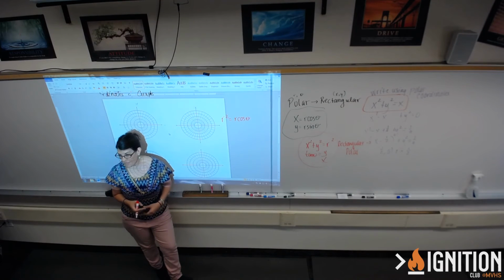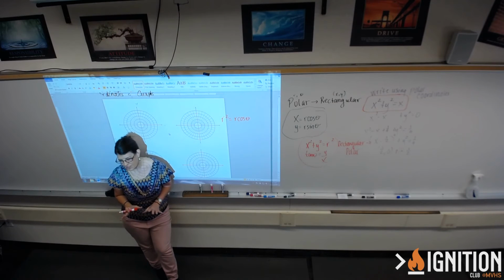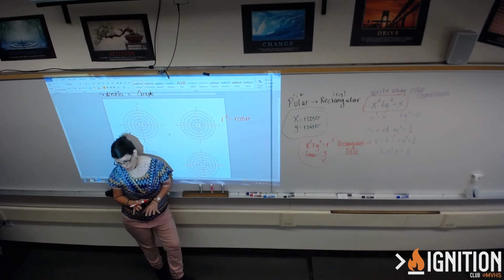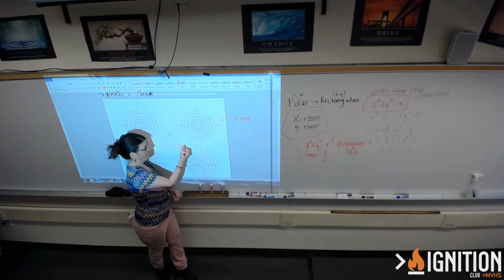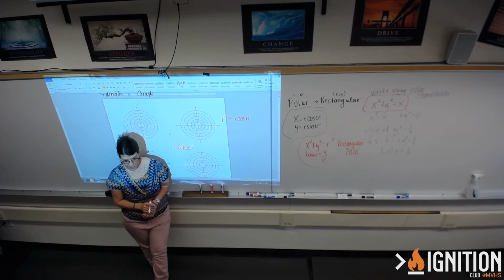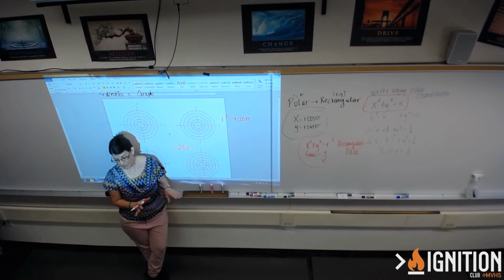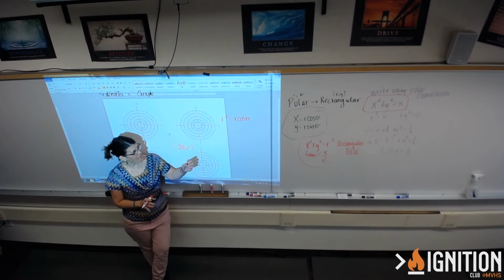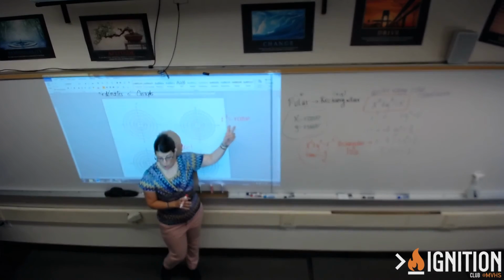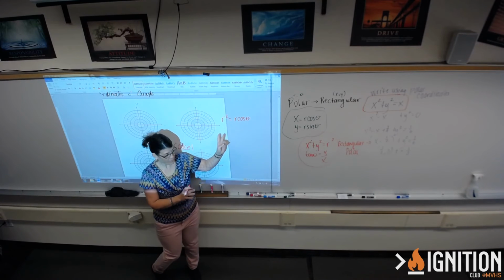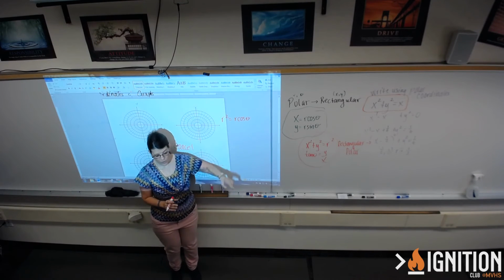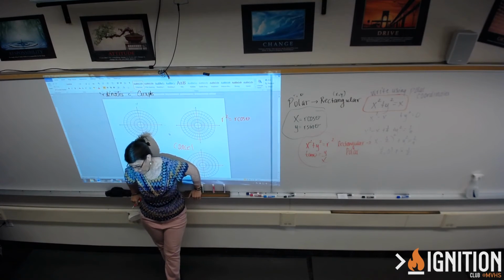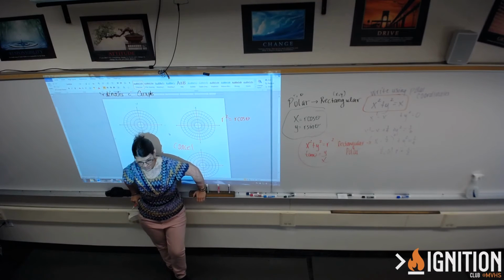There are a couple of things that math books do that I am 100% opposed to. If I told you to solve for R, what would you do?